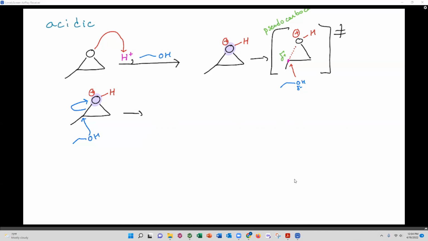Actually, let me redraw this. So what I just did is I flipped that methyl group up. So again, 1, 3, and 2.